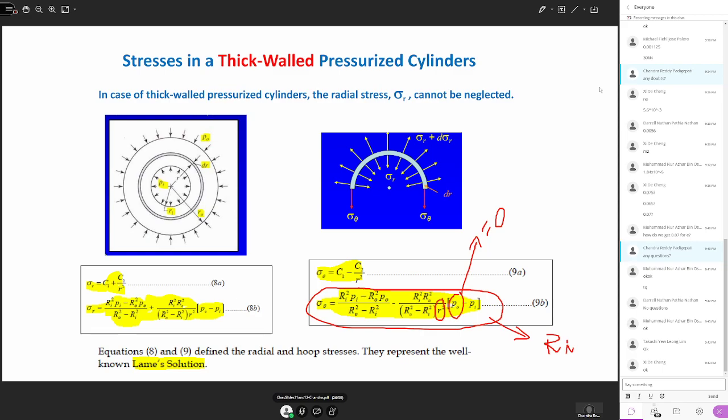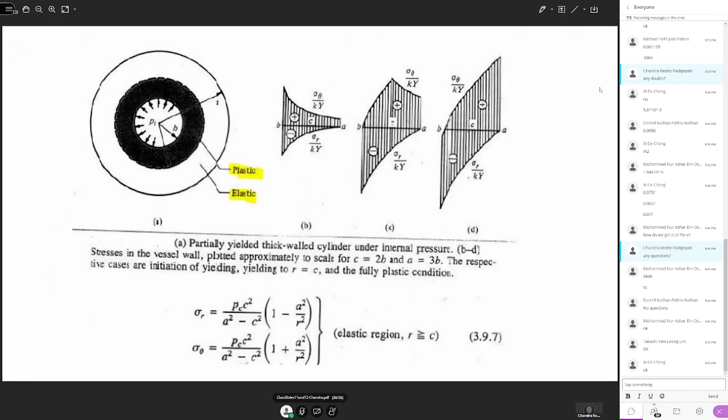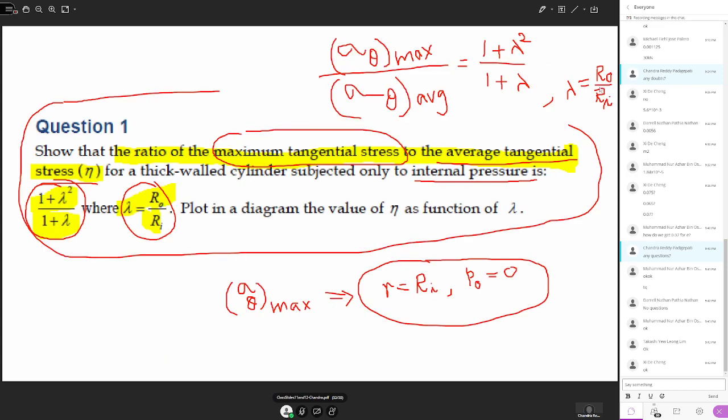So to get the maximum tangential stress, we replace R with the inner radius and replace the outer pressure with 0, from the basic formula. Then we get sigma theta maximum. Then we need sigma theta average.